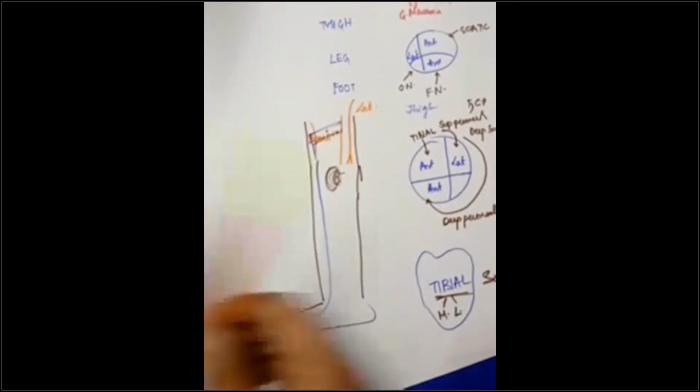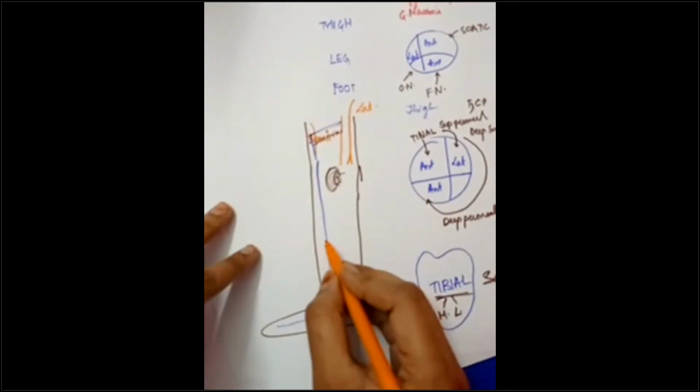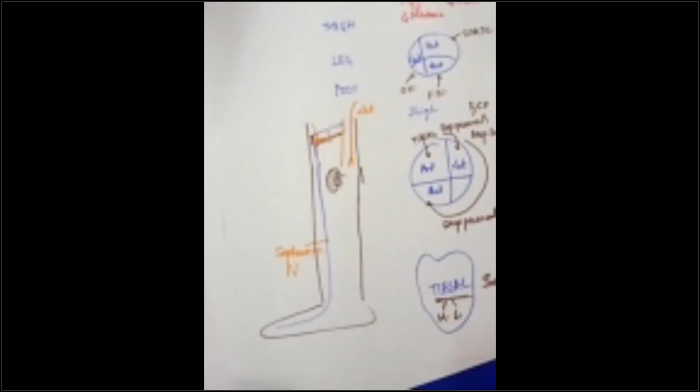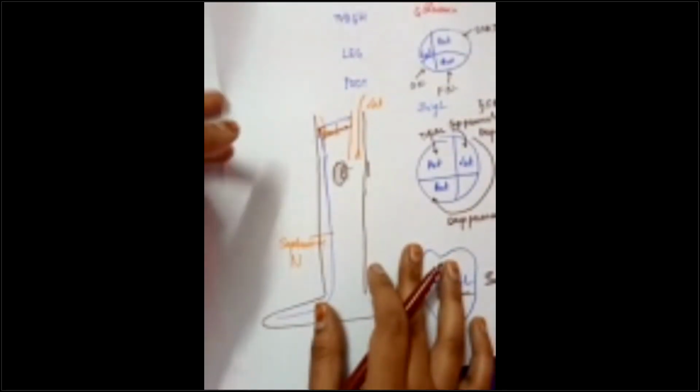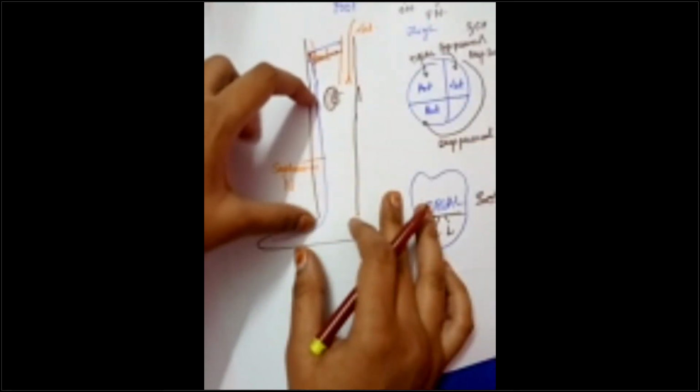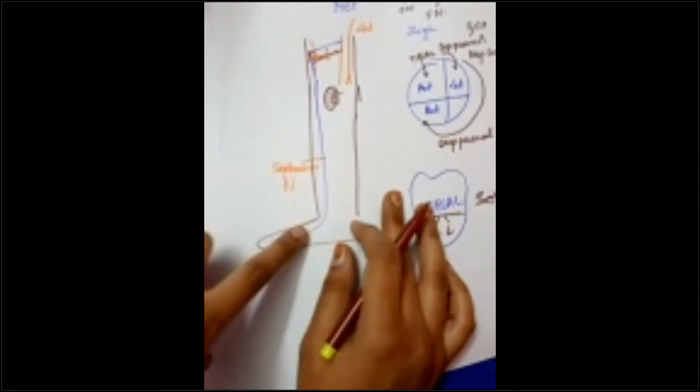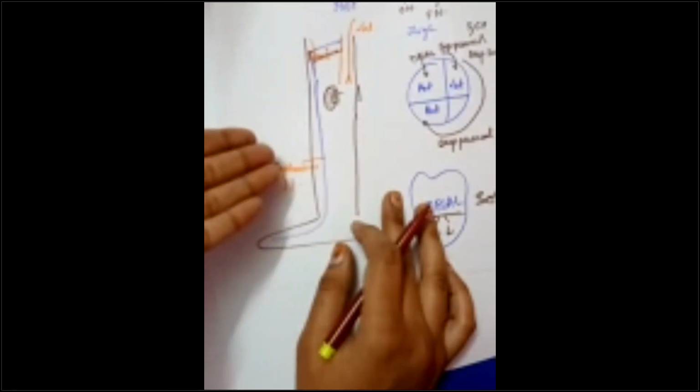This long nerve is called the saphenous nerve, the longest cutaneous nerve in your body. Saphenous nerve runs along your great saphenous vein, remember like that. Long. So what is it taking care of? The medial compartment of the leg, the medial part of the dorsum of the foot, and the sole also.